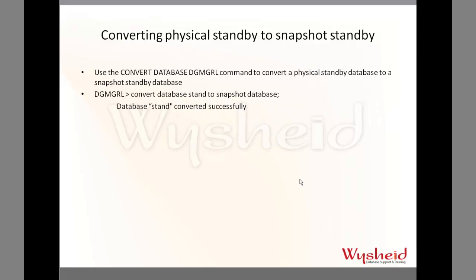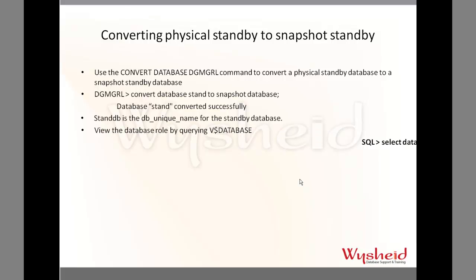Once the command is executed successfully, we can verify the status of the snapshot standby database from the V$DATABASE data dictionary view. We have to issue the command select database_role from v$database, and in the case of a snapshot database, we will get the result as SNAPSHOT STANDBY.